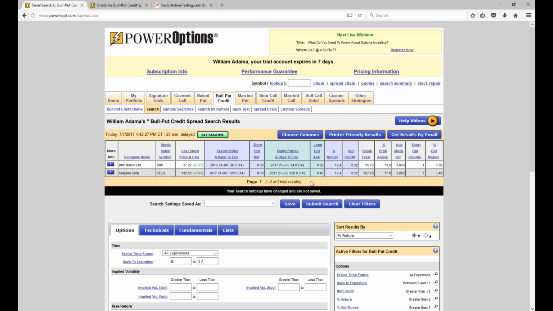Your credit might drop from 10 cents to 8 cents over the weekend because you lost 2 days of time value. Doesn't sound like much, but think about it. That's 20%. You lost 2 cents of what was a 10-cent possible net credit on Friday. You lost 20% of what you could make. It's kind of interesting, huh?